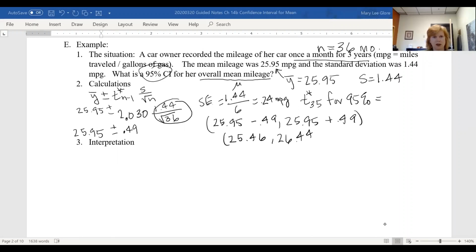So let's interpret this interval. All right, so we were looking for her overall mean mileage. That's what this confidence interval is for. All right, so our interpretations of confidence intervals should always mention a few things: a confidence level, which here is 95%, and we should mention a population parameter.